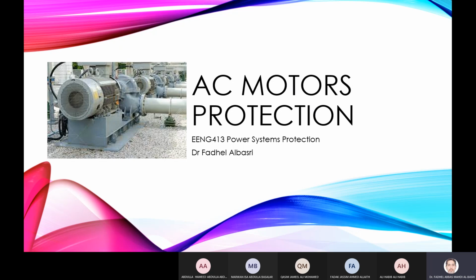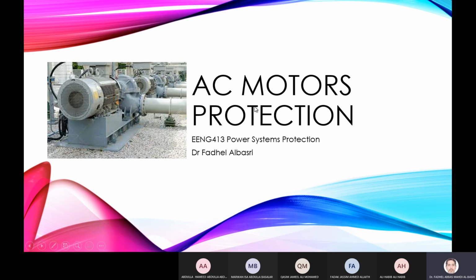I have already covered the differential protection principle and distance protection principles. Today, inshallah, I'll show you other types of protections that are involved in one equipment. These can be utilized to protect one device.